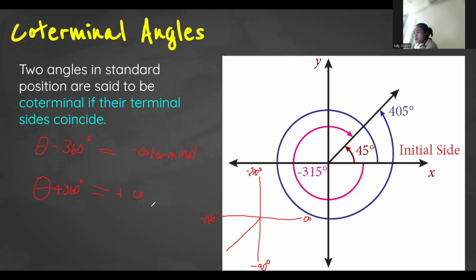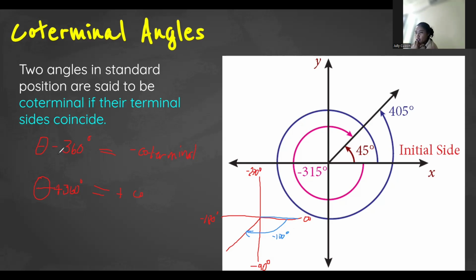So from the terminal, this is our initial side, so the rotation is here. Always remember to put an arrow to indicate the rotation. So this angle measures negative 100 degrees.